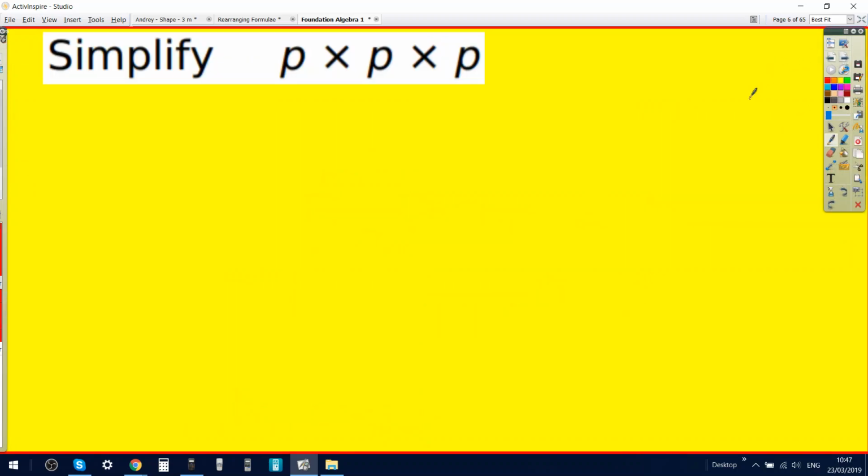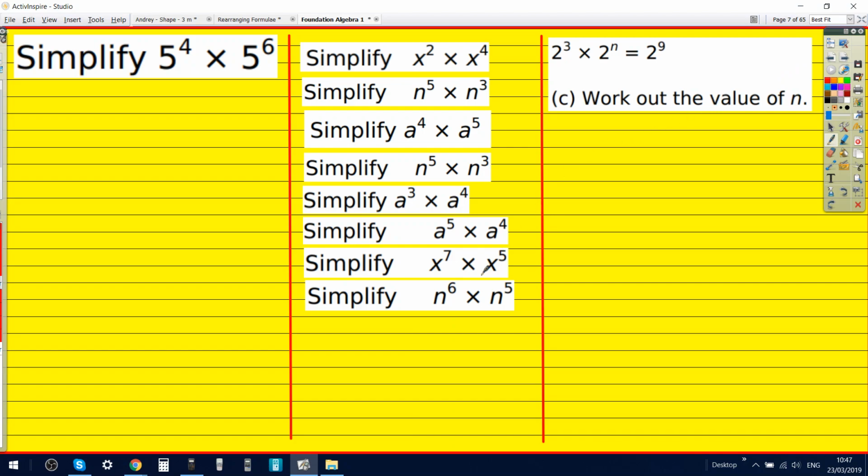This one? P cubed. Let's say middle bottom. N to the power of 11. Top right. Is it 2 to the power of 6? Yes. So n is 6.